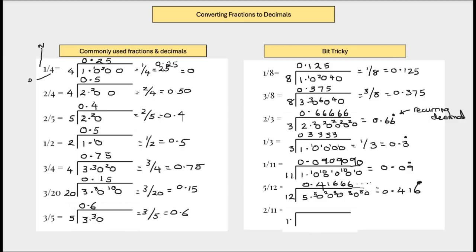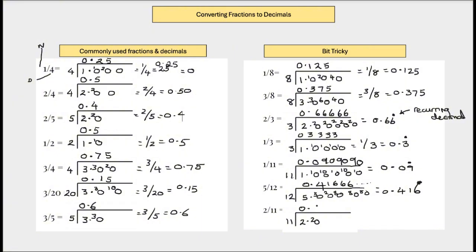And then finally, another one, 2 over 11. Doesn't really come up much, but hey, let's do it. So we know for a starter that we're going to need a decimal here and a decimal there.